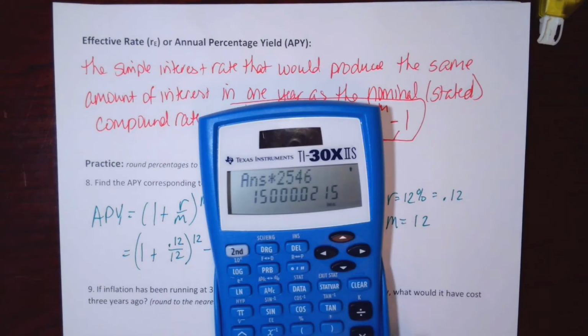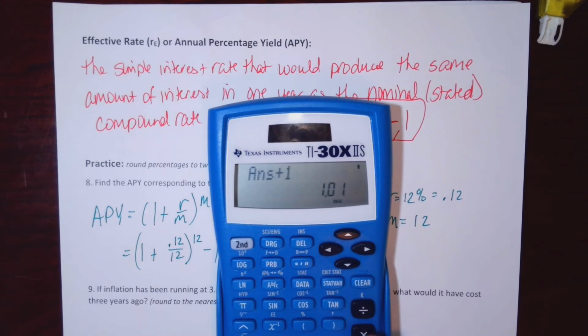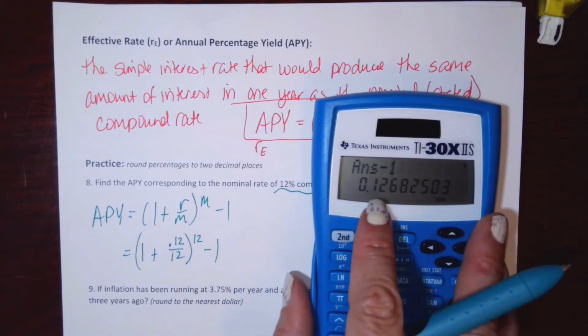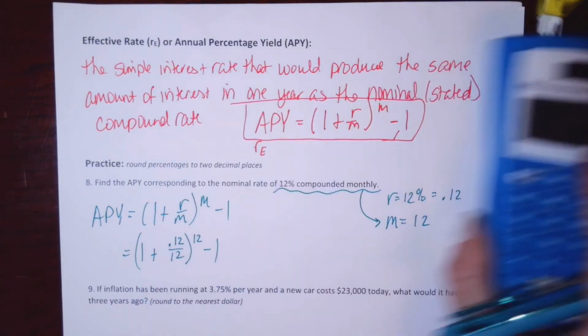Calculator math again. 0.12 divided by 12 is 0.01 plus 1, because that's what's going on inside my parentheses, raised to the power of 12, and then I subtract out that 1 to get my interest rate. My interest rate is found as a decimal. We're going to round to 2 decimal places as a percentage, so that would be 12.68%.